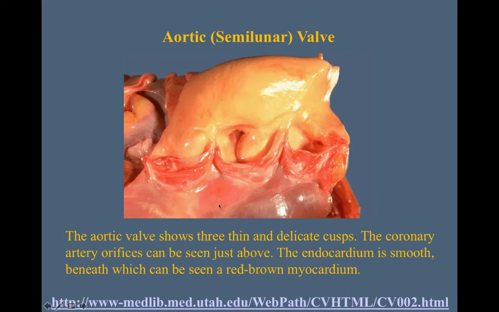And in here, the endocardium, the lining on the inside of the heart, is smooth, beneath which can be seen a red-brown myocardium. So an interesting view where this has effectively been cut this way and then folded back open so that we can see this amazing view of the aortic semilunar valve.